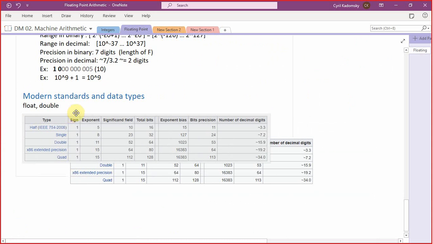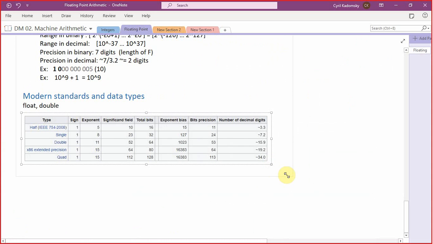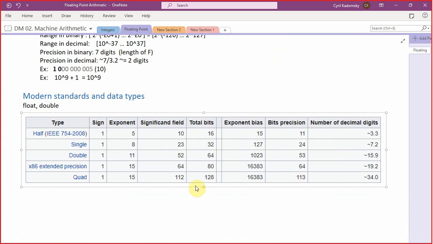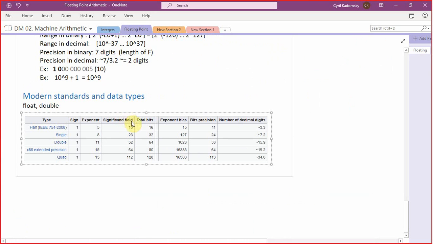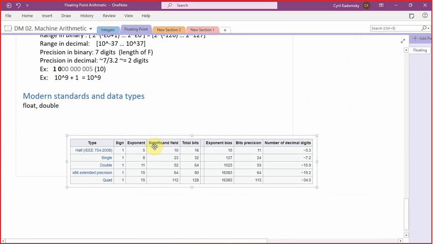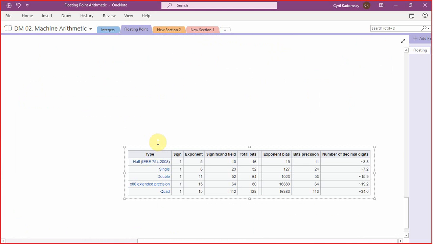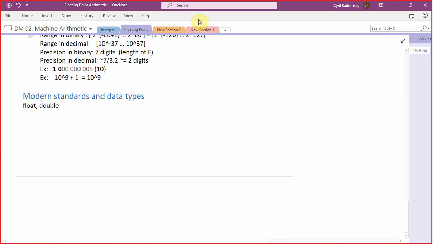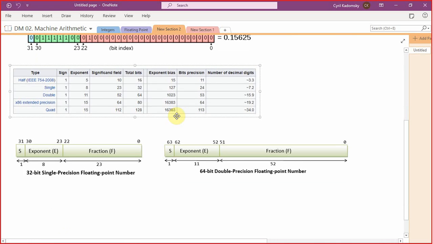Here in this table we have the precision and range for all. Oh, it's not the one. It's not the integers.